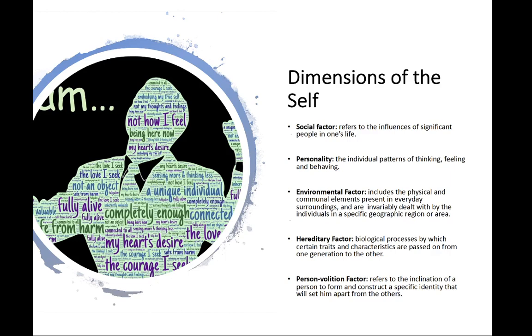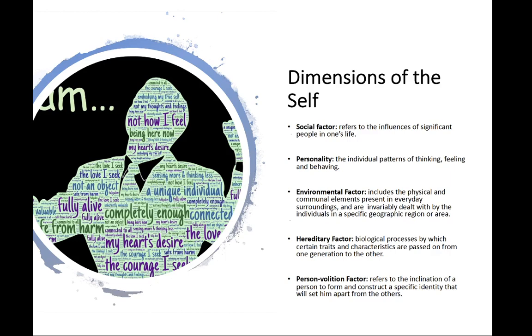Now, the last dimension of the self is the person volition factor. Talking about volition, it is synonymously equivalent to the term will. It refers to the inclination of a person to form and construct a specific identity that will set him apart from others.